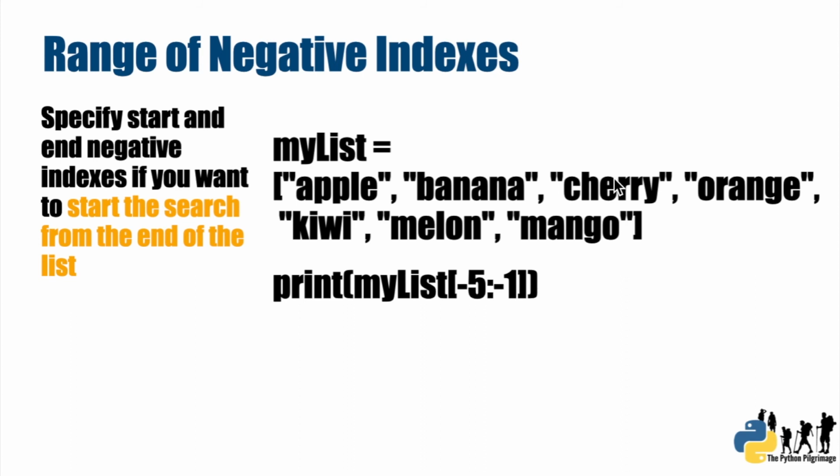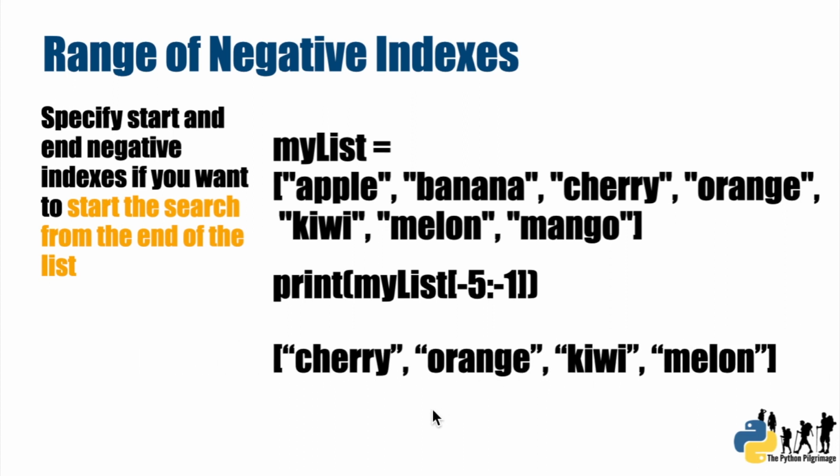So we are expecting cherry as the first item on the new list that it will generate. And then -1 is mango, so mango should not be included. Let's see. Cherry, orange, kiwi, and melon. Seems about right, right?